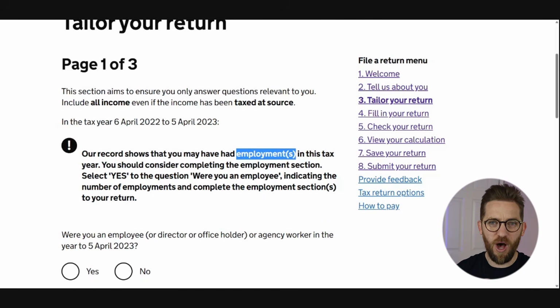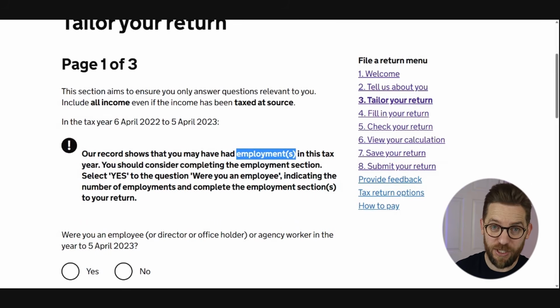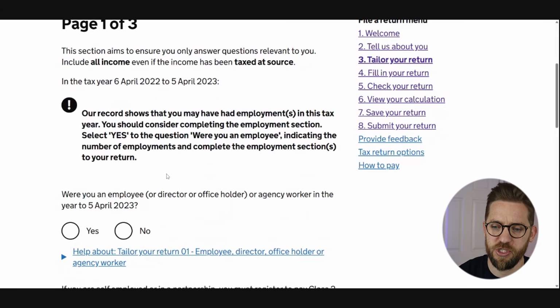So we'll cover what I would consider normal rental income, renting a residential property on a 6-month tenancy agreement. I'll cover rent a room relief, and I'll also cover furnished holiday lets as well. So let's start with the first question.